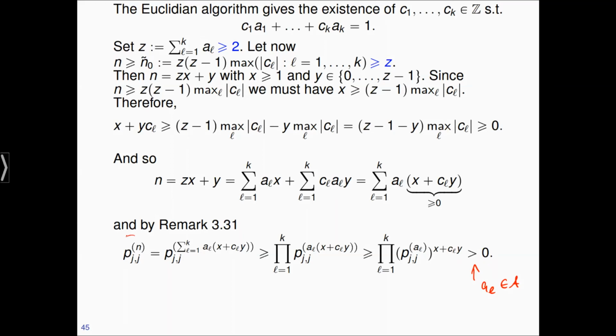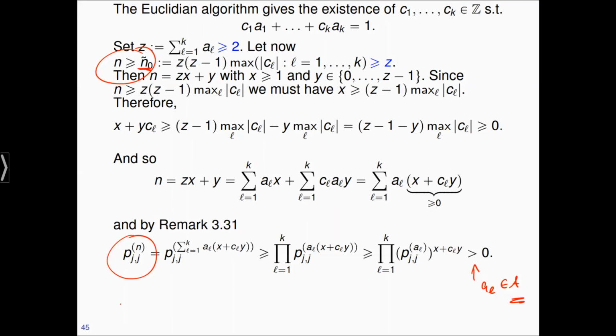So this was our first and decisive goal, to show that Pjjn is positive for all n large enough. And notice that the n0 tilde only depends on j. It depends on the set A, and the set A just depends on the state j.